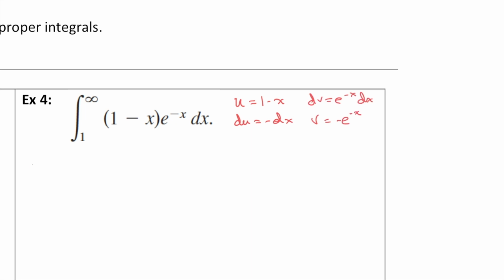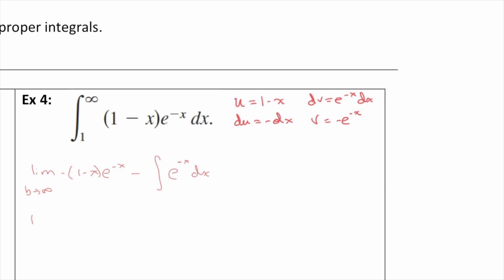Put it all together. Don't forget your limit notation. The notation matters. We have b goes to infinity, and we will have u times v, which is 1 minus x, times your negative e to the negative x, minus the integral of negative dx times the negative e to the negative x. It's negative e to the negative x dx.